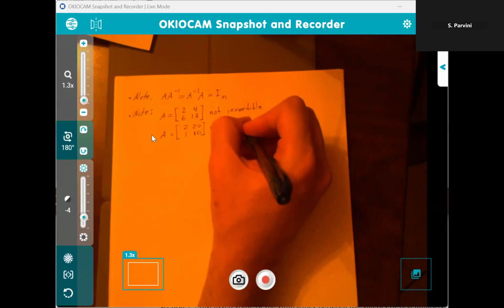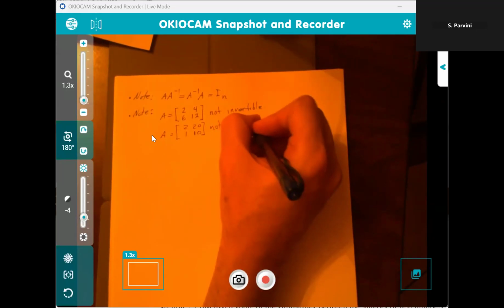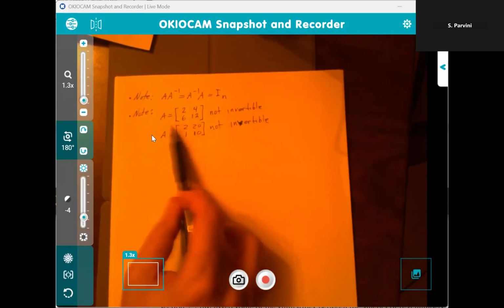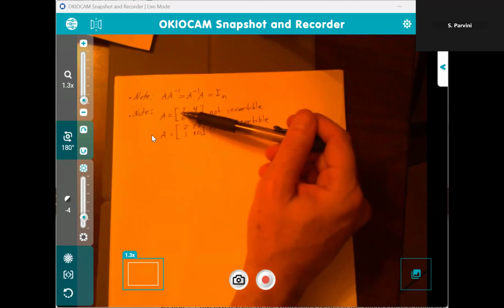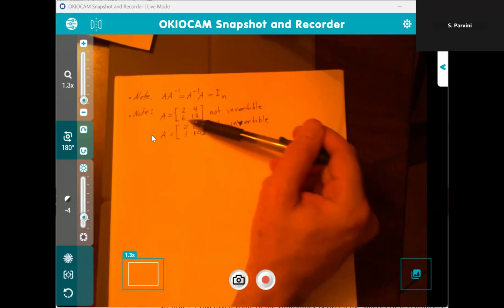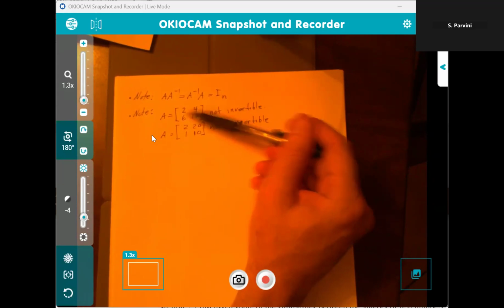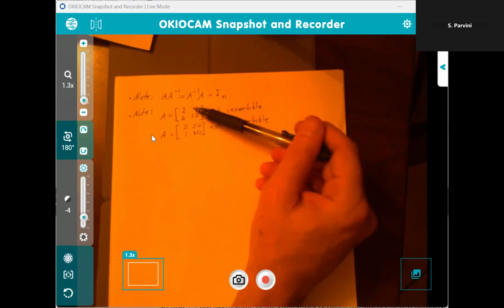Something you probably notice about both of these matrices is that if you look at the second row of this first matrix, when I made this up, I just randomly picked 2, 4, but I multiplied that row by 3. See, I get 3 times 2, 3 times 4.